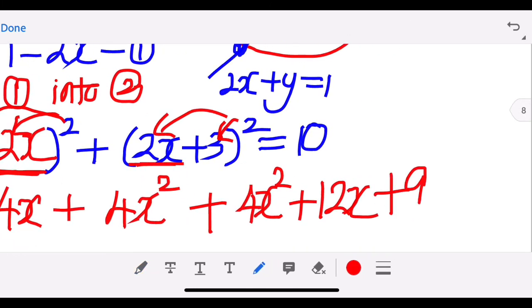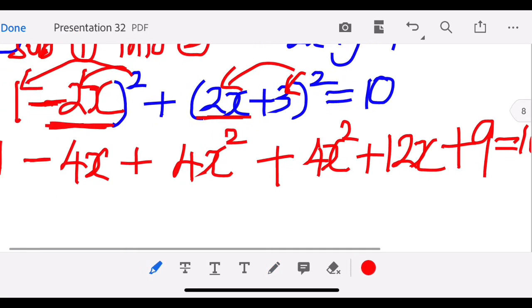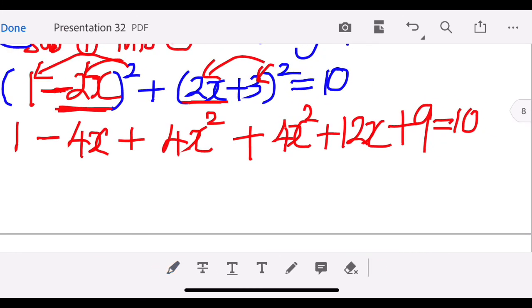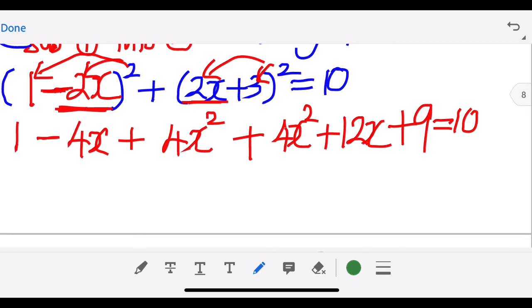Plus 3 squared. Remember, the third term is always positive and it's always a perfect square. Okay, basically we always double check before we proceed so that we won't get careless mistakes.